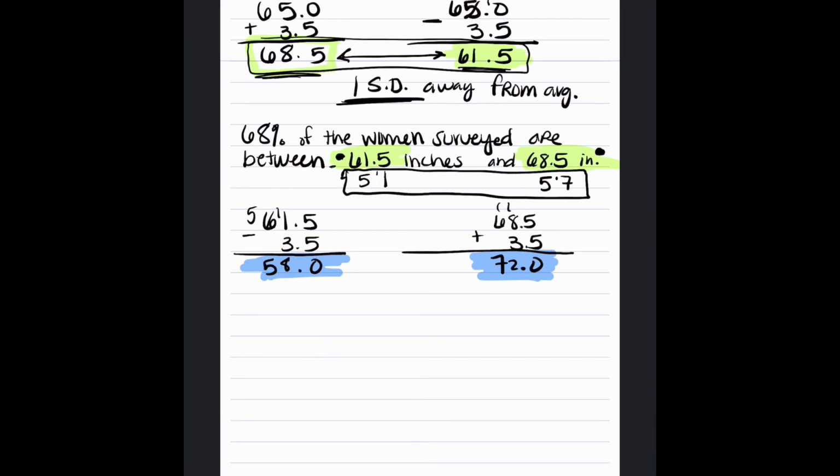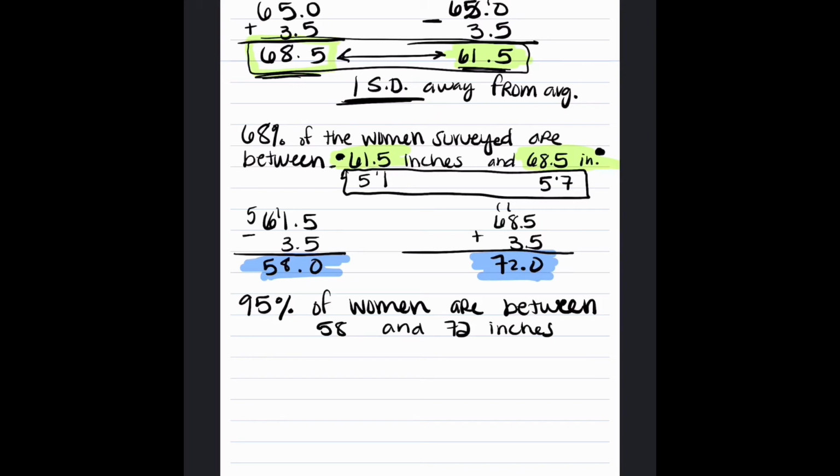And what that means is that 95% of the women surveyed are between these heights now, between 58 and 72 inches.